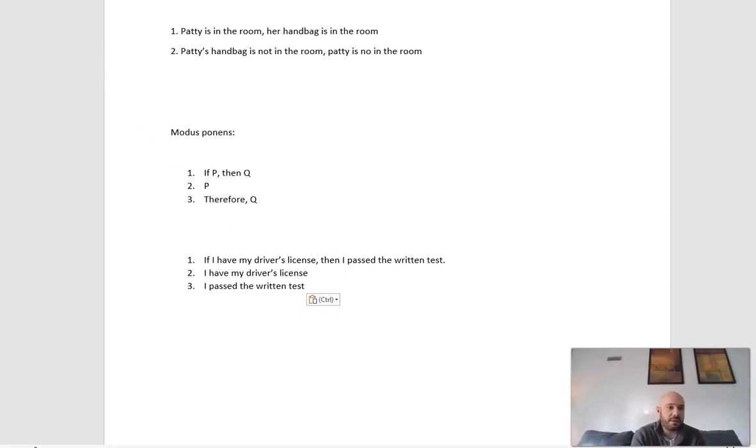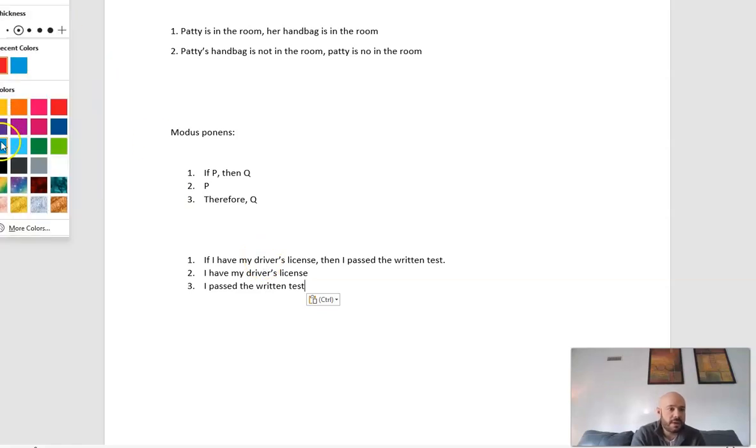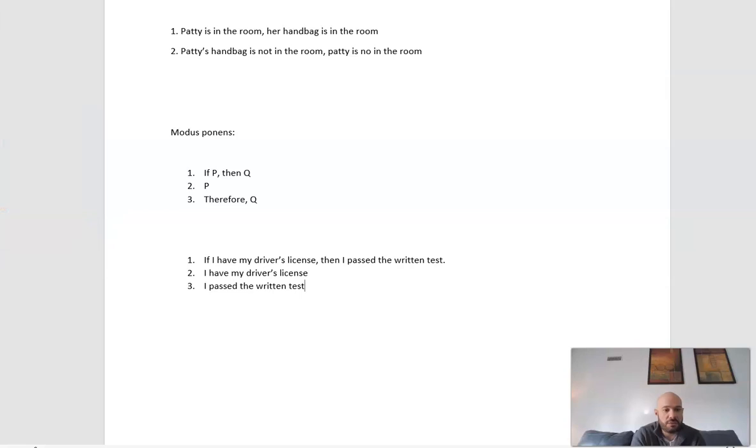And the reason you now know is because, let me change the color on this pen, the reason that you know this is because this P right here is a guarantee of the truth of the Q, right? So if you have the P, see, we added the P right here. If you have that P, then that guarantees the truth of that Q.